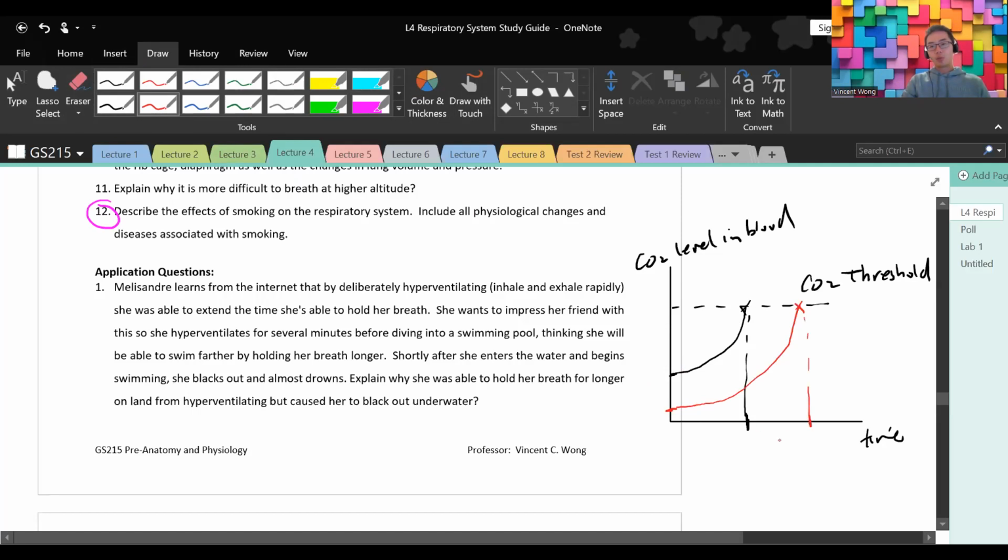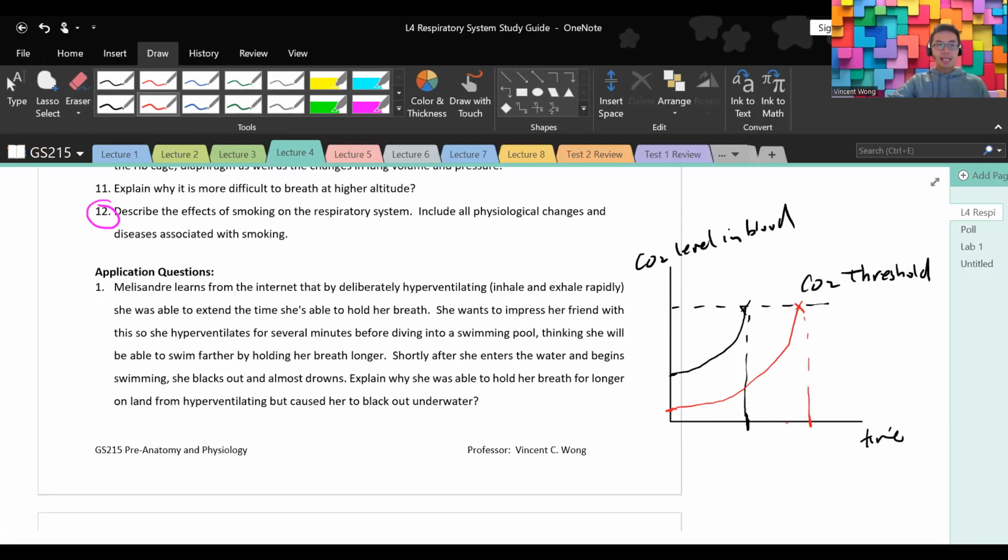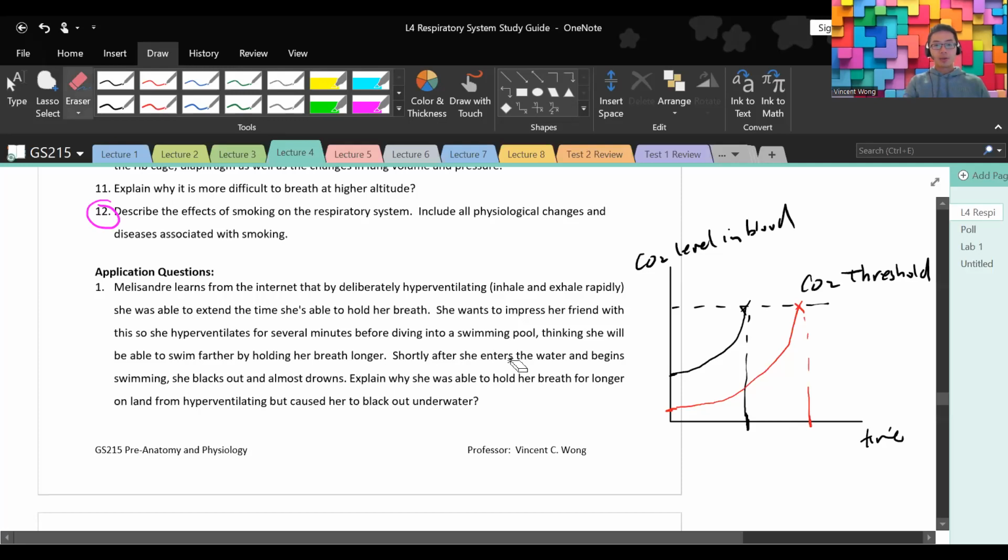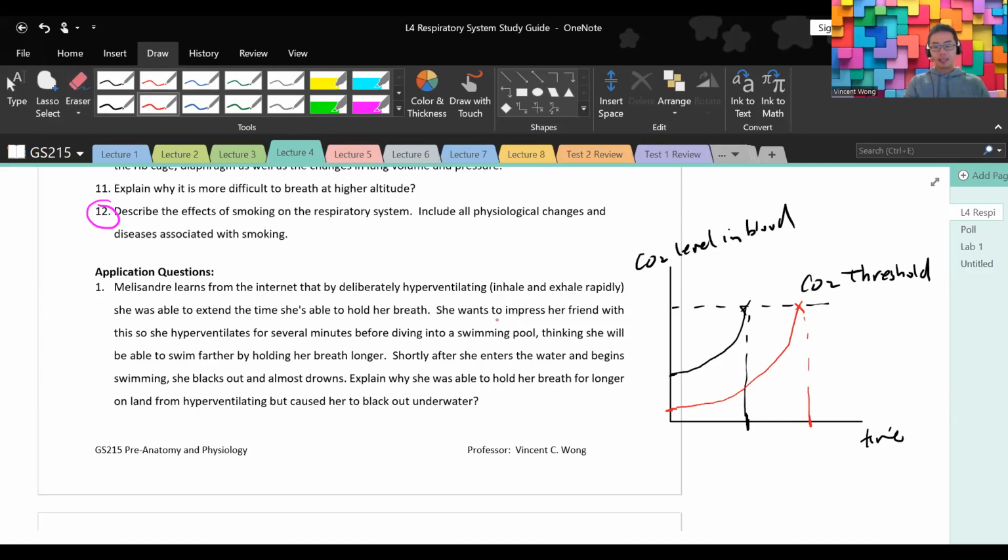That's why it will take longer before you feel the urge to breathe. Does that make sense? So the question is asking, if you do this and then dive into the pool and see how far you can swim, is that going to be a problem? And the answer is yes, it's going to be a problem.